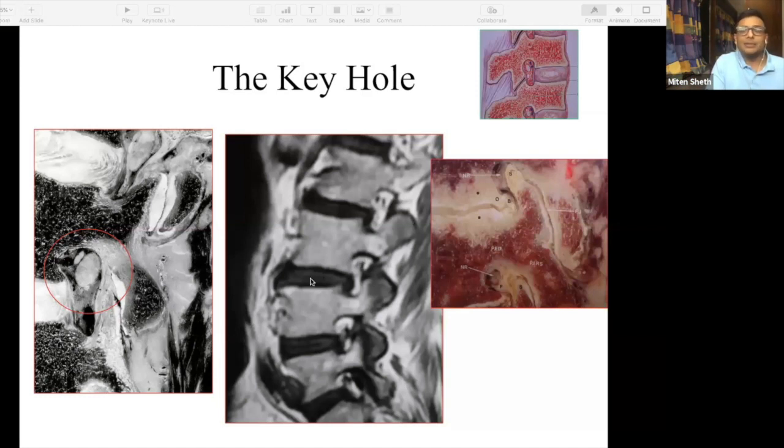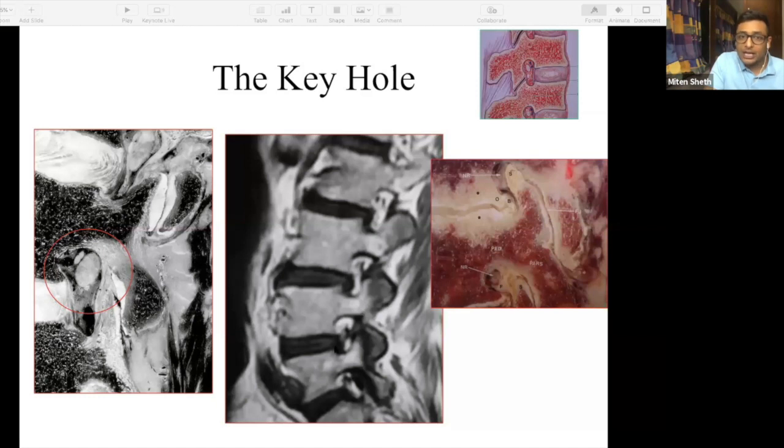That is something that you have to identify, and you are going to be able to identify it on the parasagittal cut, which means the rightmost side parasagittal cut and leftmost side parasagittal cut will tell you about the keyhole, which will tell you if a disc fragment has come out and is irritating the nerve root. Like here you can see that this is your keyhole and this is your nerve root passing out.